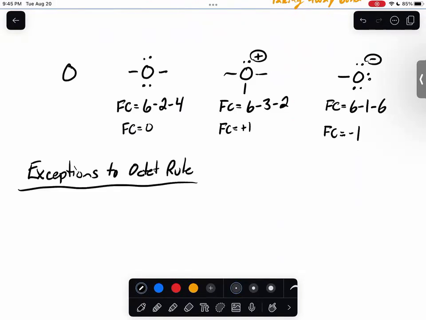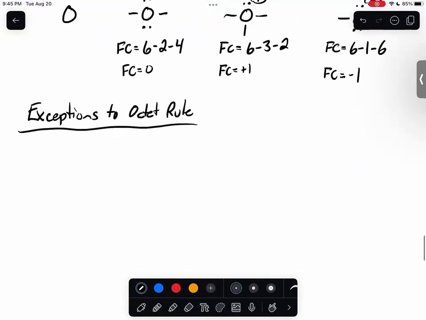And the first one I want to point out is one that we actually won't see until a couple weeks from now, and that is our friend boron. Right? Boron is a little different from other elements because it actually shows up in the third column of the periodic table, which means boron has 3 valence electrons.